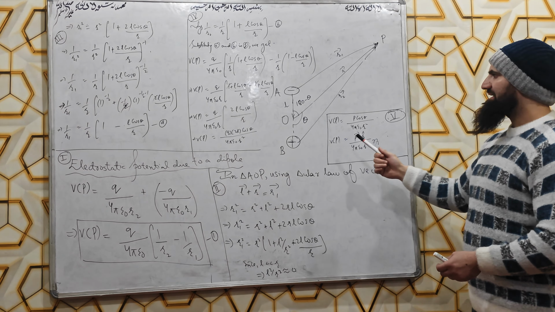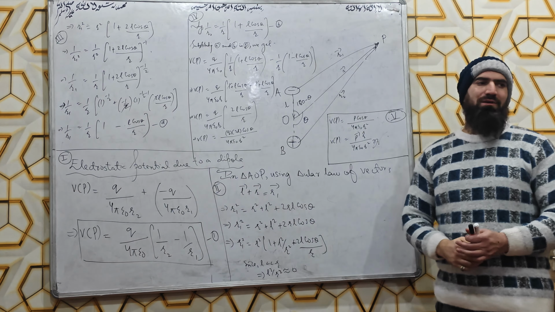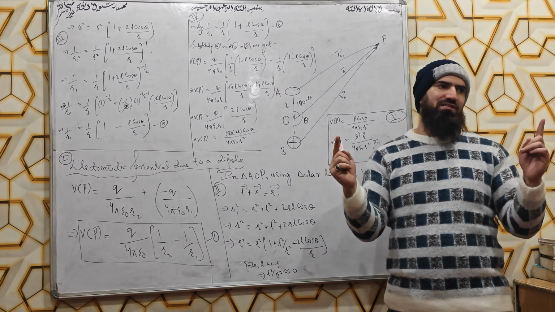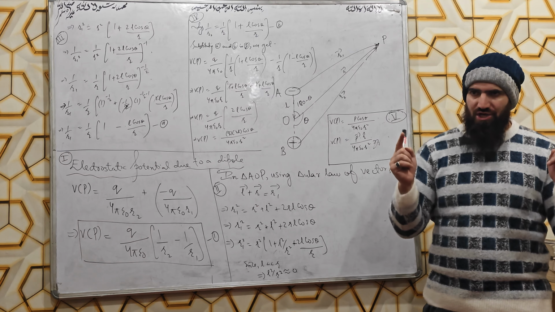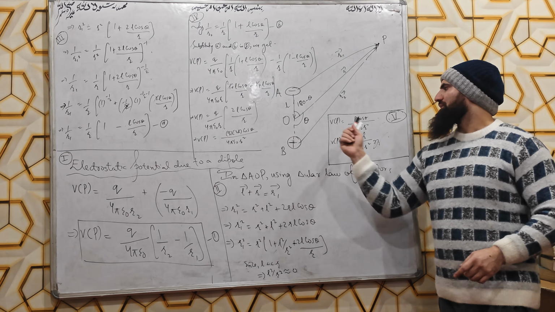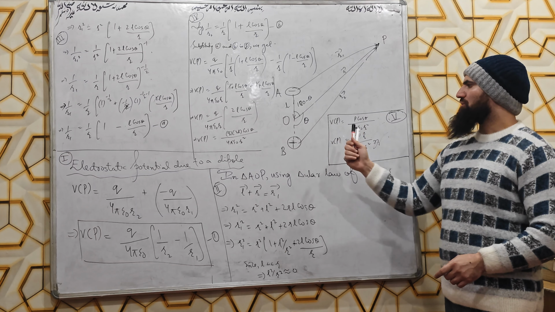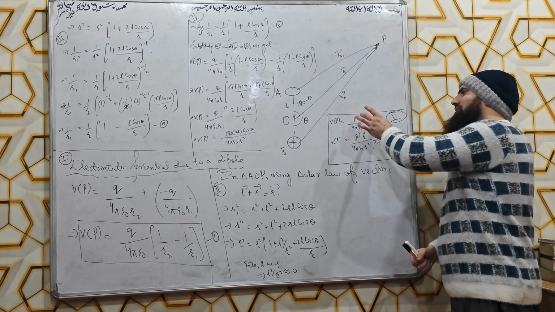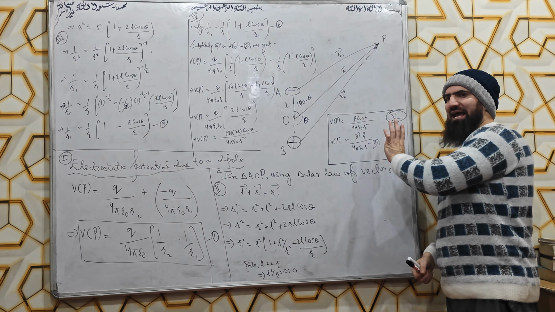Okay, then we can write instead of Q into 2L, because we know the magnitude of the dipole moment is equal to either charge into the distance between the two charges, that is Q into 2L, that's P. Then I wrote cos theta, because cos theta is here, 4 pi epsilon naught R square, and P cos theta can be written as P dot R cap. What's R cap?